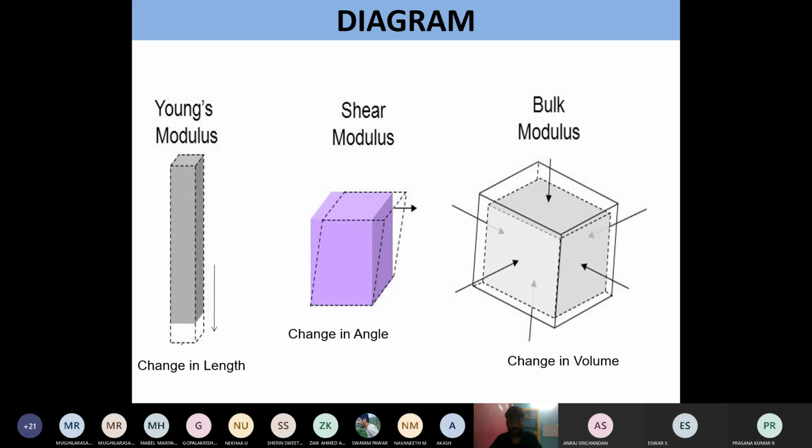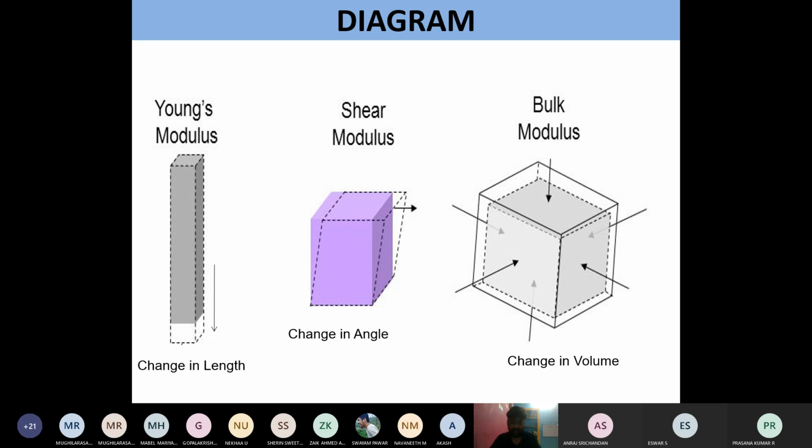Bulk modulus. See here in the bulk modulus, we are applying the force in all the directions. We are not applying the force in one particular direction, but in all the directions. The material is in a cube. Let us imagine we have taken a rubber cube.